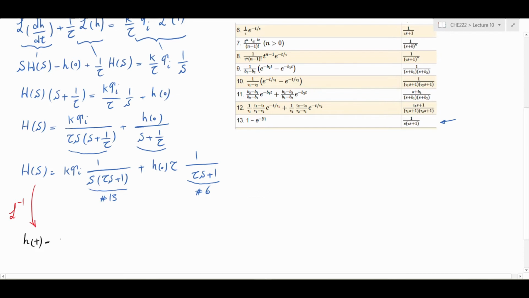The coefficient is constant, so it remains as is, and the inverse Laplace transform of the first term is this, and again we have a constant coefficient here which remains as is, and the inverse Laplace transform of the second term is this.